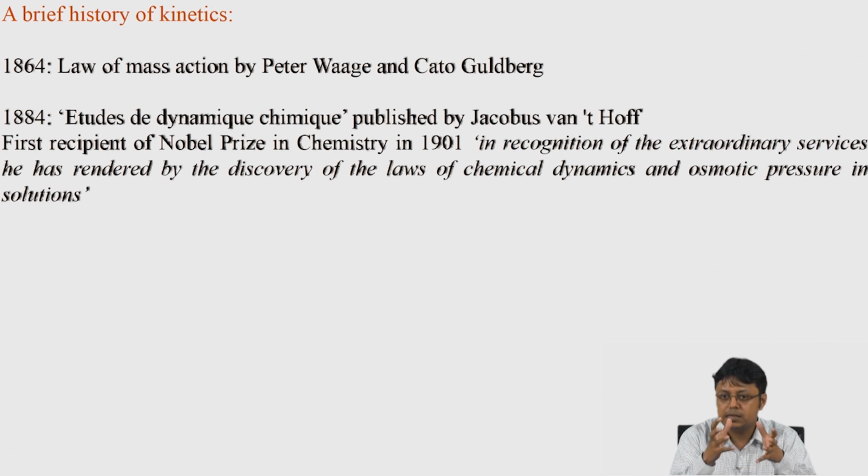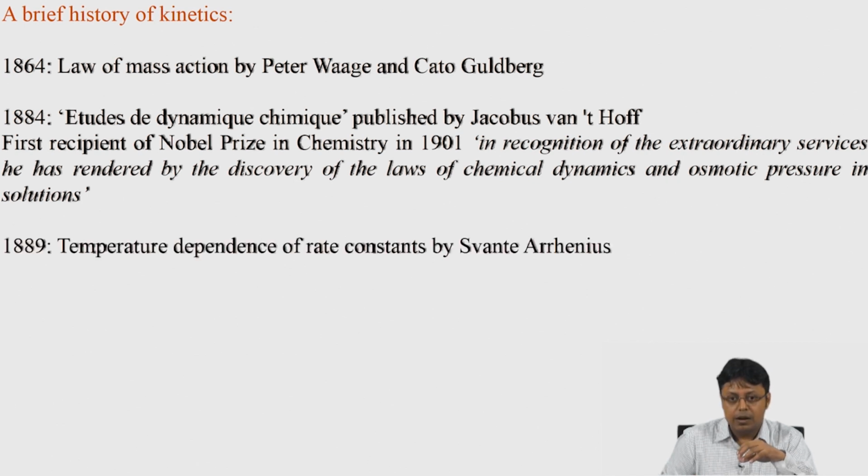Now, we will be discussing some of Van 't Hoff's work, particularly his fantastic work on how chemical equilibrium, or the equilibrium composition, can be modified by the application of temperature, which is known as the Van 't Hoff equation. Later on, around 1889 or so, Arrhenius gave a very important concept.